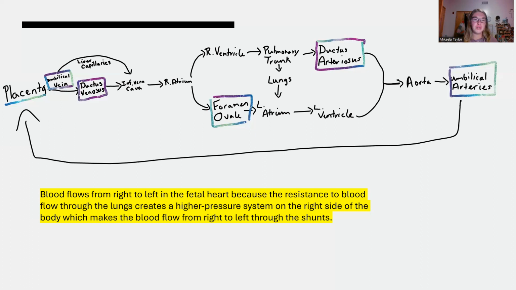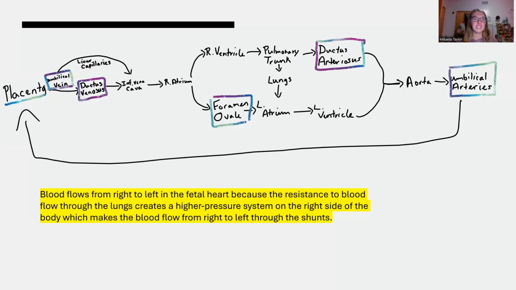Blood is flowing through the fetal lungs as a way to get nutrients to all of the capillaries, to all of the tissue that is there, so it does not die. However, it creates an opposite pressure system from an adult. And I'm talking about adult in this video as somebody who is grown and birthed, just for reference.